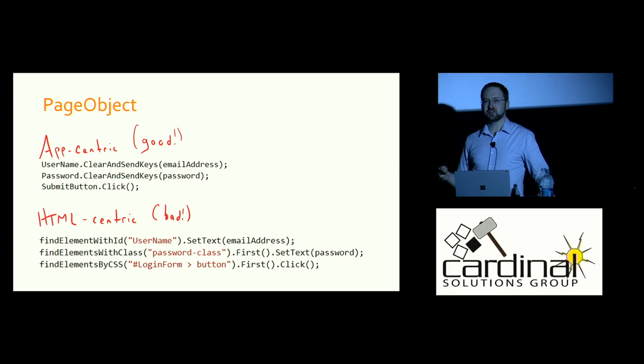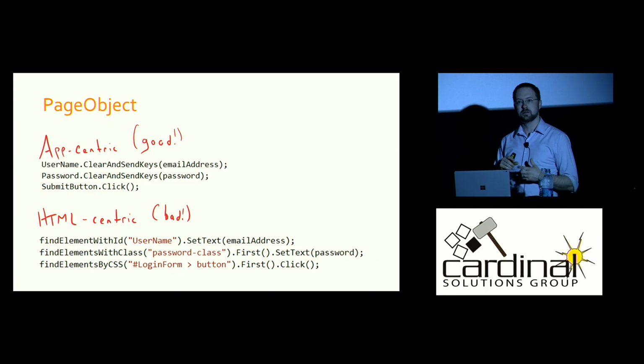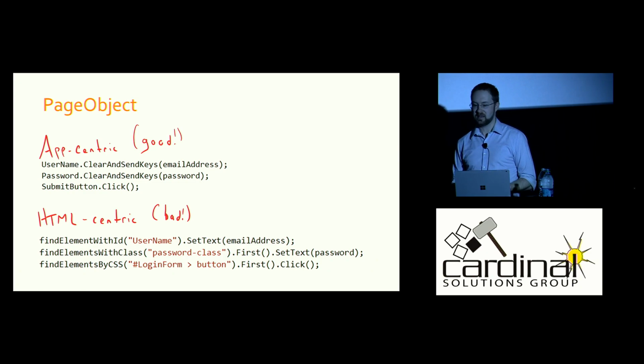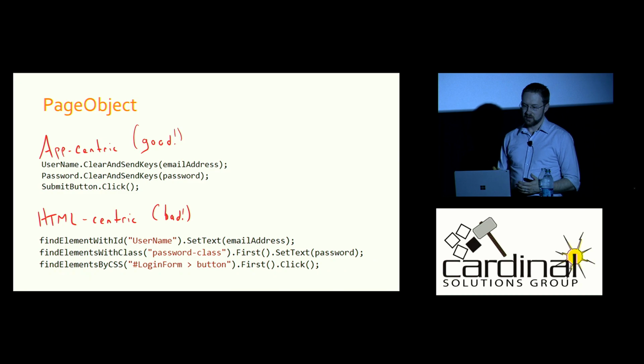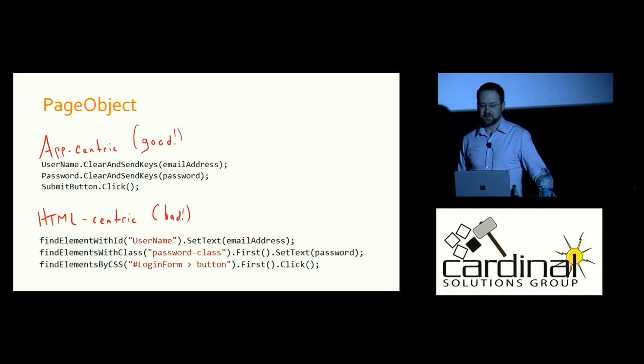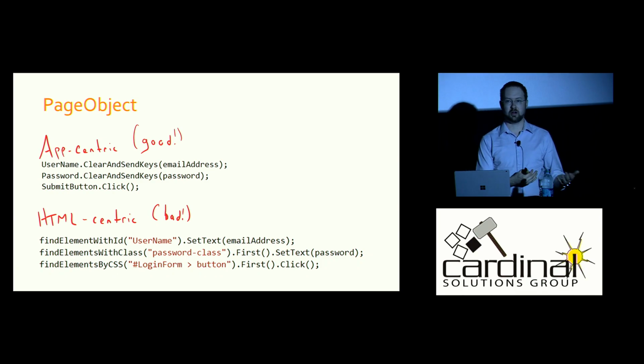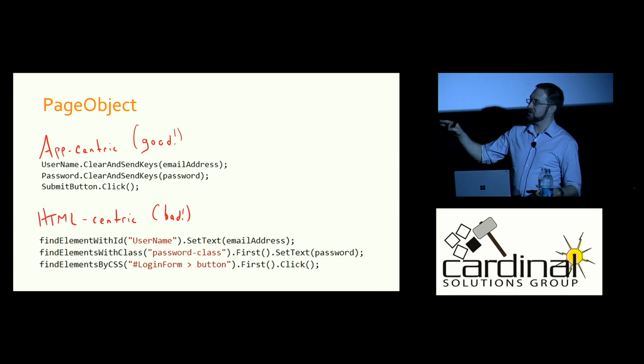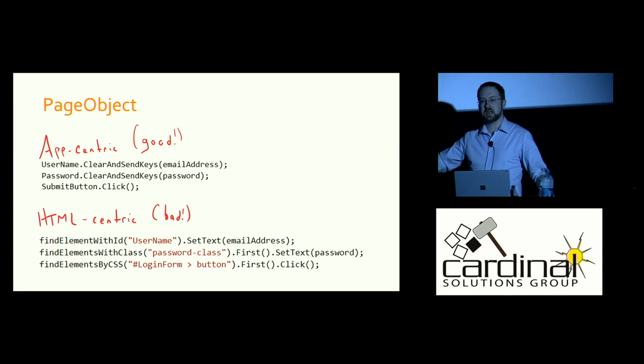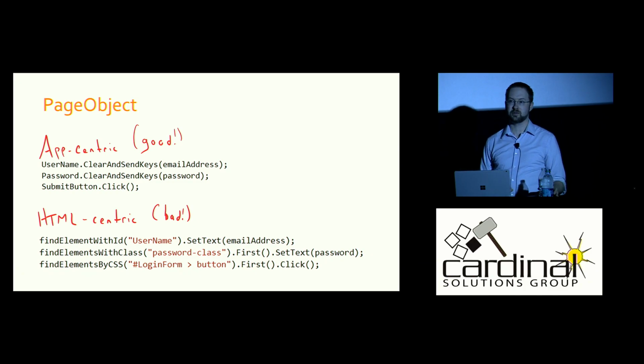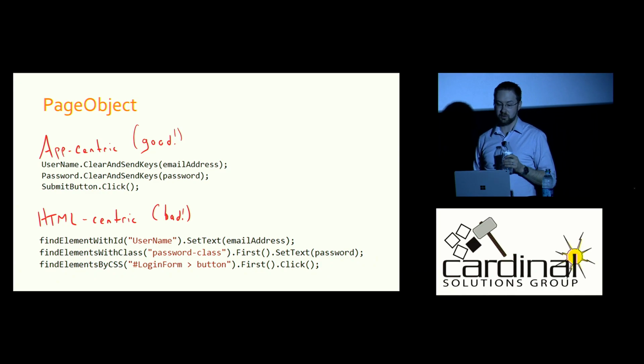And if your HTML changes, all of these HTML-centric tests need to be rewritten, because that HTML implementation is baked into the test itself. So following the PageObject pattern makes the UI tests very easy to write, at least when the PageObject already exists. And if you see yourself putting HTML in your test code itself, then you're probably doing something wrong. You're probably shooting yourself in the foot, and I would recommend you stop doing that.